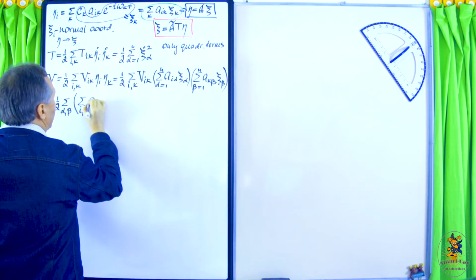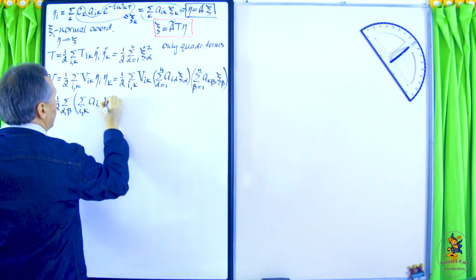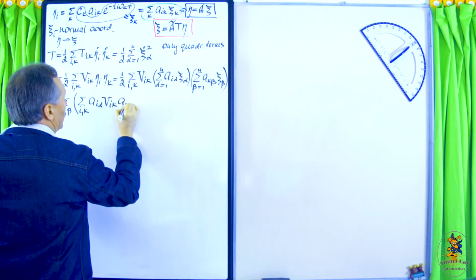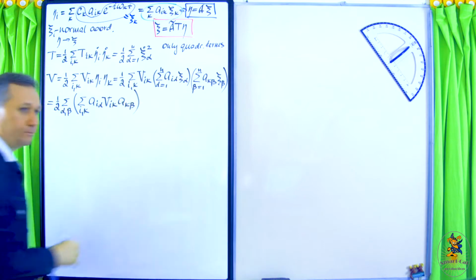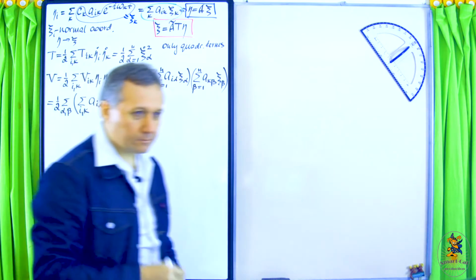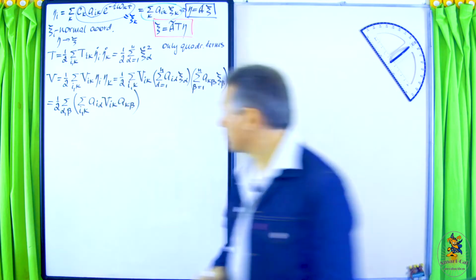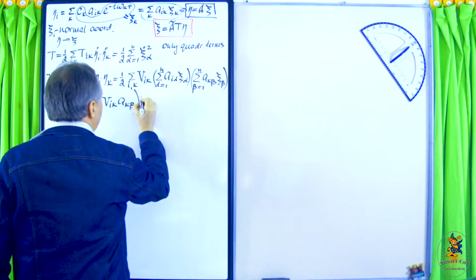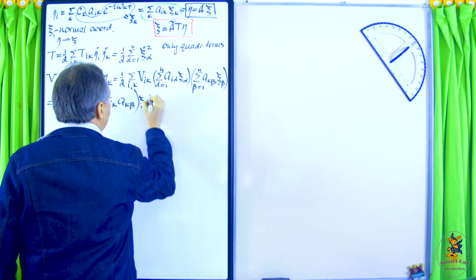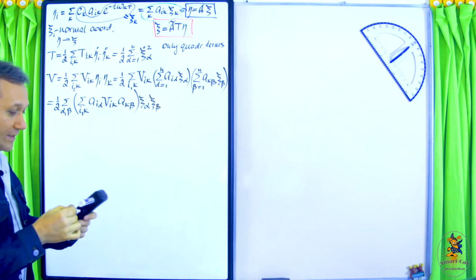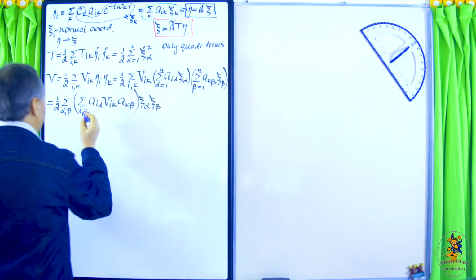It's a i alpha V ik and a k beta. And psi alpha psi beta. What is in this parenthesis?